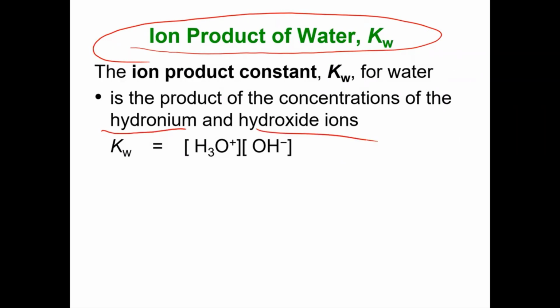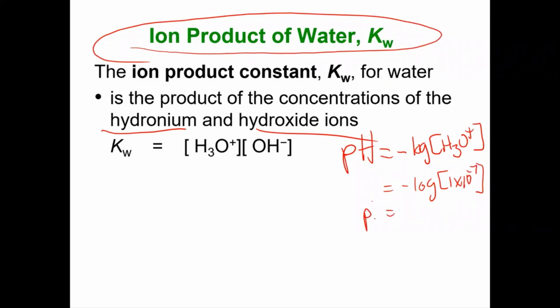Once we can solve for hydronium and hydroxide concentrations, we will then solve for pH, because pH is the negative log of whatever the hydronium ion is. All right, so today we learned neutral water is 1 times 10 to the minus 7 for this, right?